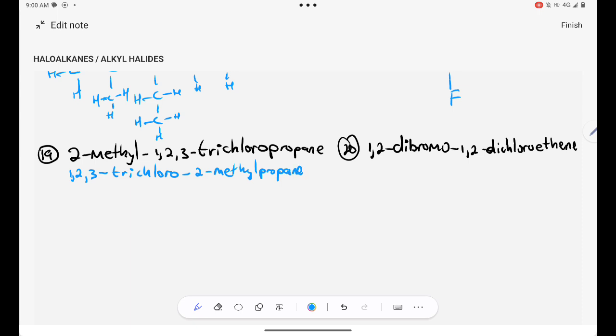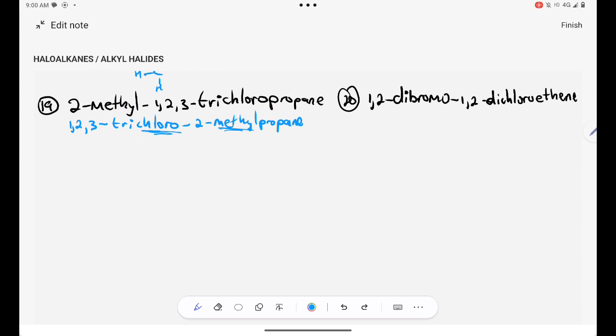Why did I change the order, guys? Remember that, guys, whenever you write down the IUPAC name, you should mention your additions in alphabetical order. Chloro should appear before methyl. Are you together? So I made a mistake there, but that's the correct IUPAC name.